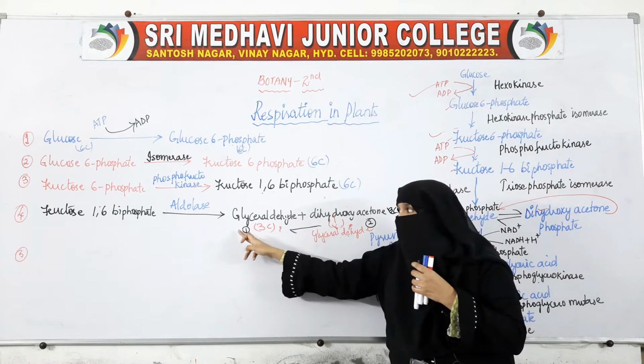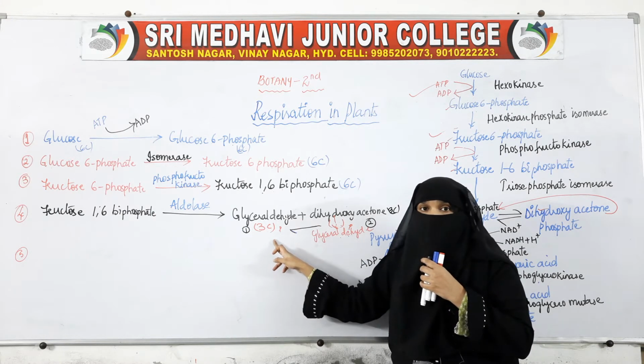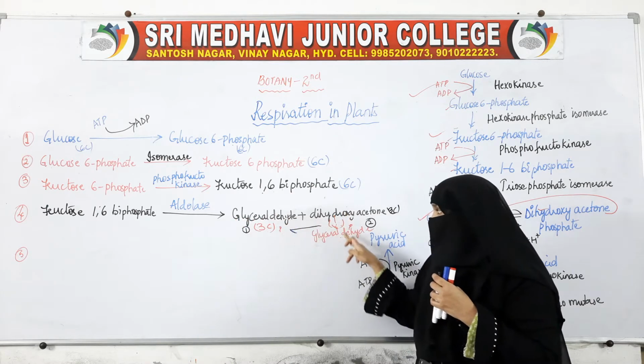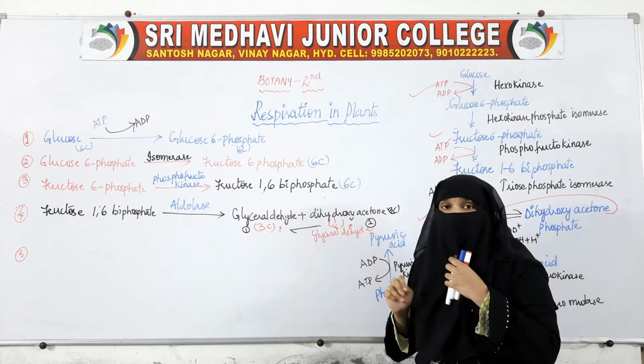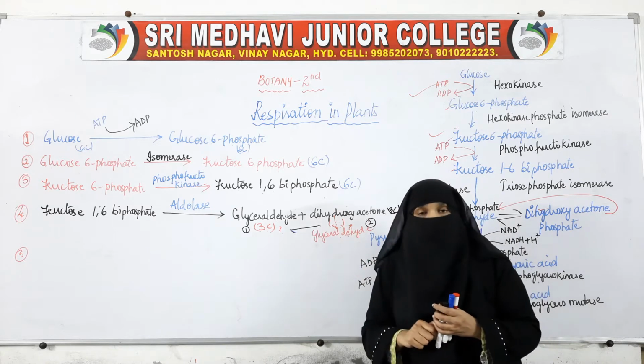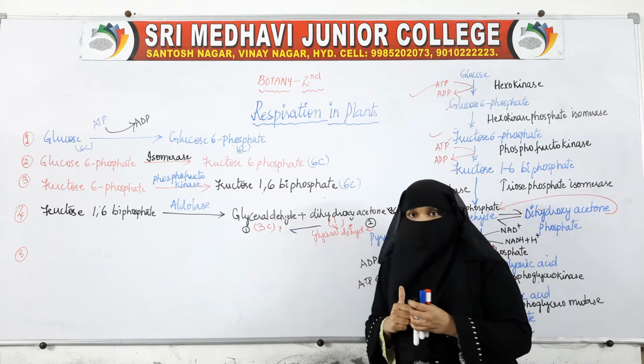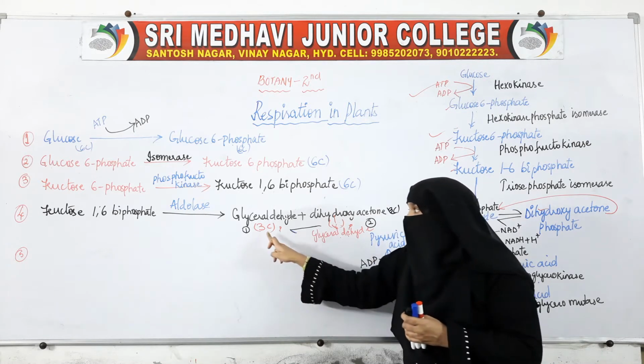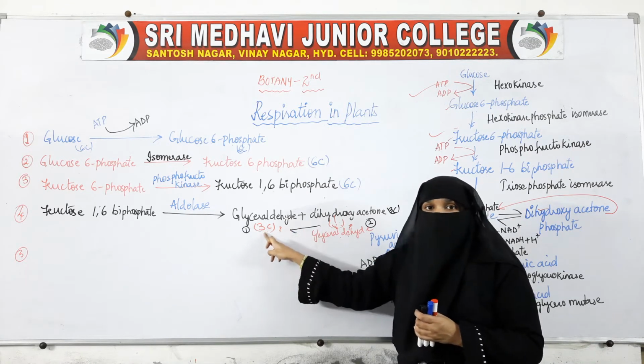Now by the end of the 5th reaction, that is dihydroxyacetone changing to glyceraldehyde, what we have is 2 molecules of glyceraldehyde.